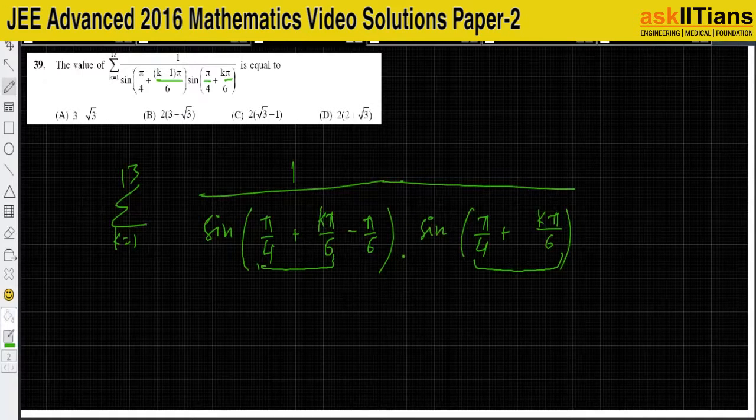So what I can do is simply multiply and divide by 2 here. So I'll multiply by 2 and divide by 2. Instead of this 1 by 2, can I write sine pi by 6?